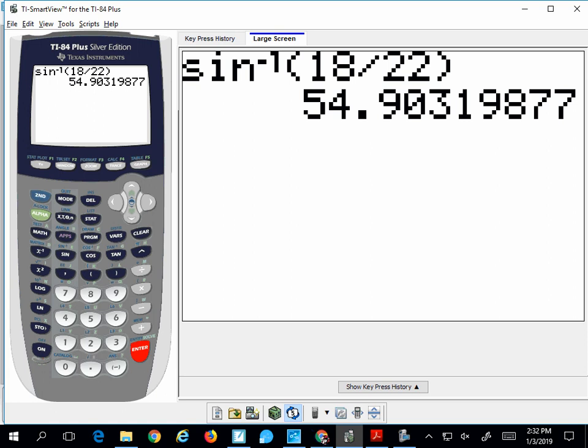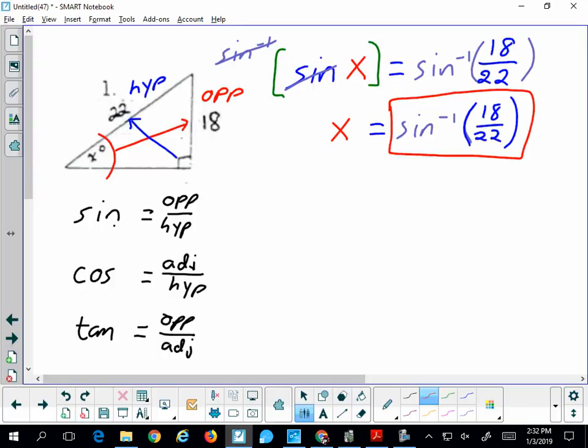It gives me my answer, 54.9. So x is equal to 54.9. Depending on the problem, it may ask you to round specifically. If it's this one, I believe it says to round to the nearest degree. So that would be roughly 55 degrees.